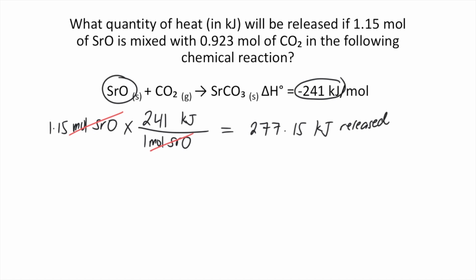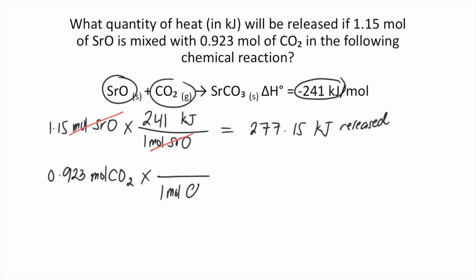On the other hand, we are also given 0.923 moles of CO2. And if you look at the balanced reaction, we have 1 mole of CO2. And the reaction releases 241 kilojoules.